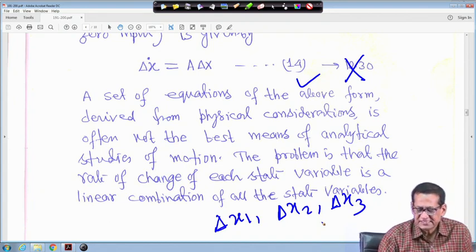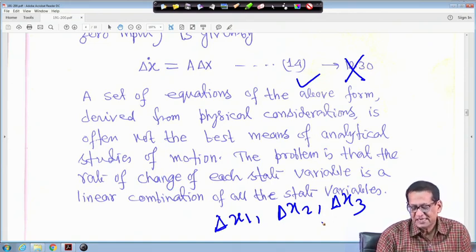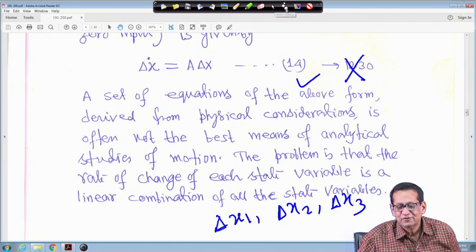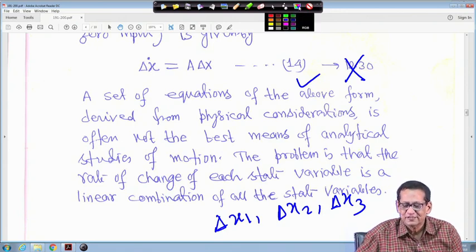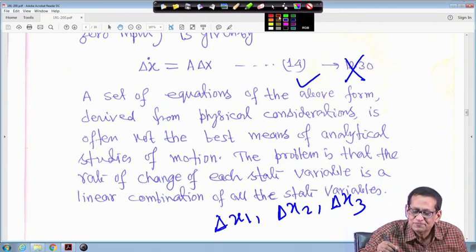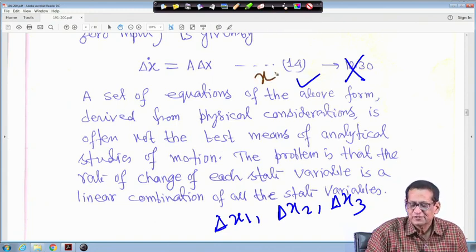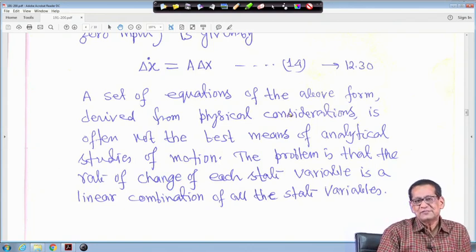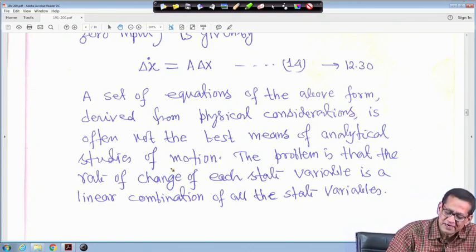So, that means, let me change the color. It will be easy for me to put it. Now, suppose you have 3 state variables, then I am just overwriting on it.